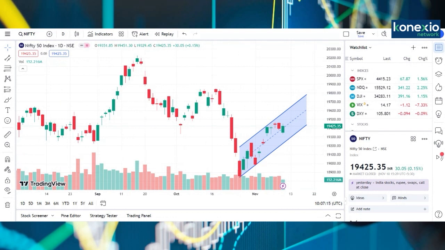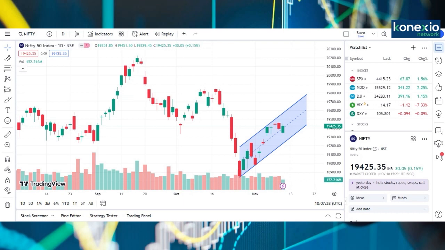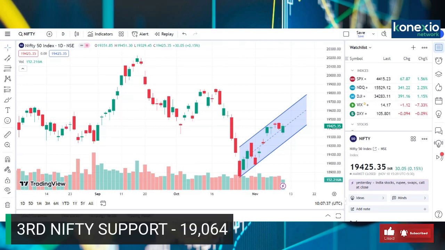So friends, now let us discuss the important support and resistance levels in Nifty for the next week. The first support in the Nifty is placed around 19,309. Below that, the second support is placed at 19,210, and the third support is placed at 19,064.